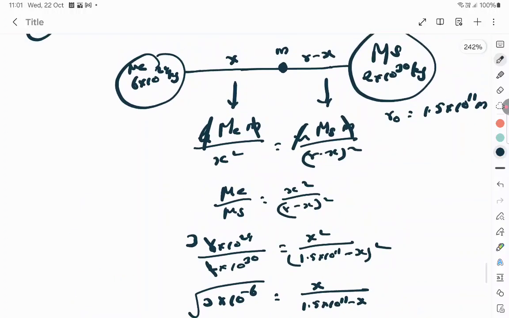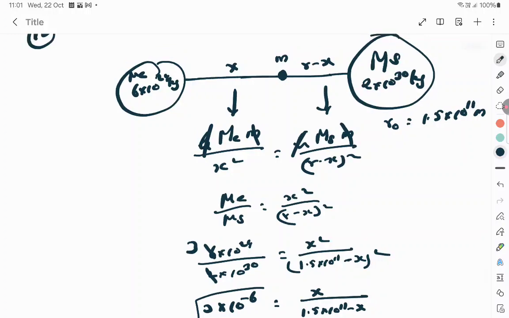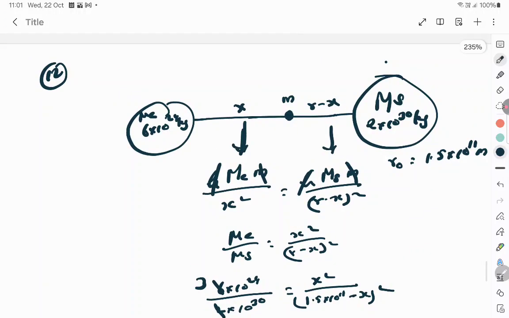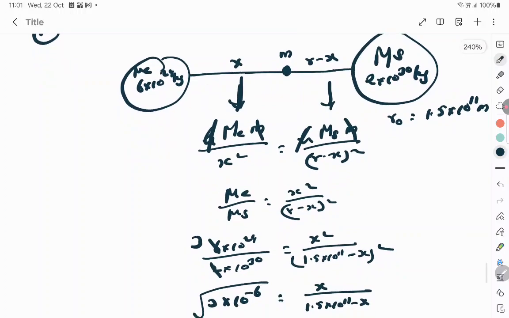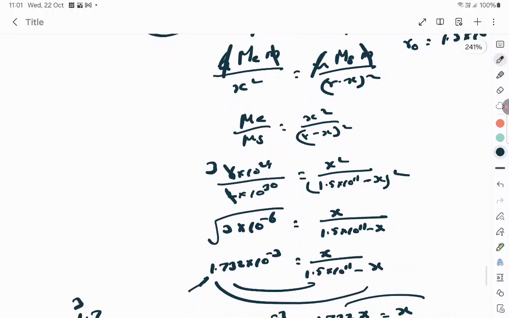Mass of the Earth is 6 into 10 to the power 24. We calculated this mass of the Earth by mass of the Sun. Correct. So then directly they took the root, but it's okay. So you have 2 into 10 to the power 30 and 6 into 10 to the power 24.